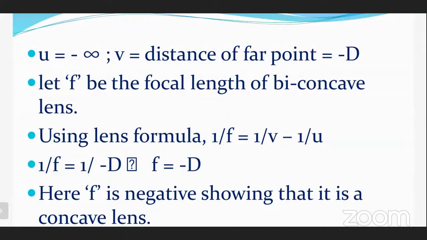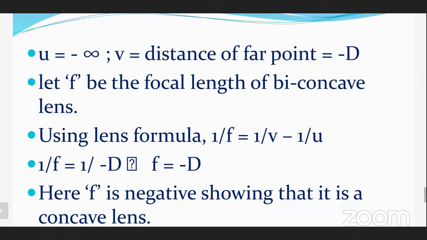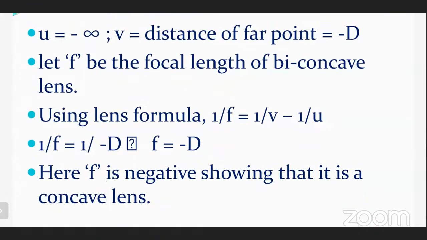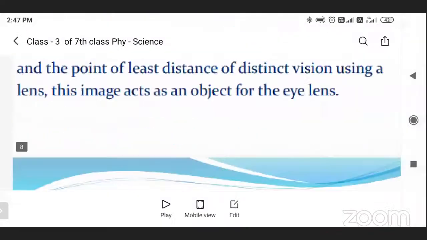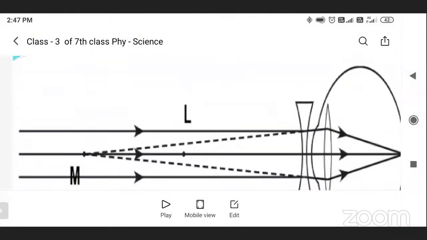We use 1/f = 1/v - 1/u. Substituting the values of u and v, 1/f = 1/(-D). Taking the reciprocal, f = -D. Here f is negative, showing that it is a concave lens. After you get the value, minus means concave lens. This is the explanation about myopia.